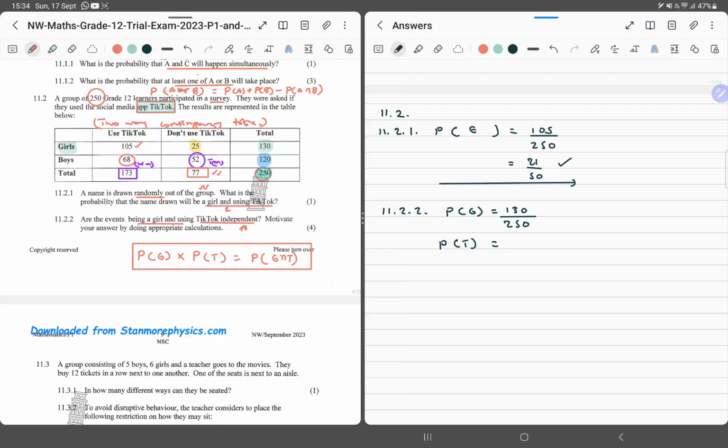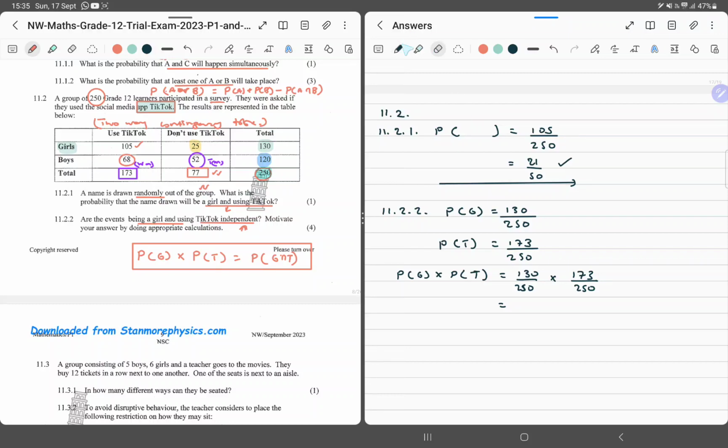This is just general here. How many people are using TikTok is 173 over a total of 250 people. Now let's see what is the probability of being a girl multiplied by the probability of using TikTok? This is going to be 130 over 250 multiplied by 173 over 250.